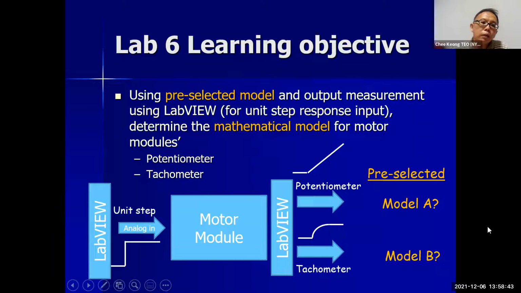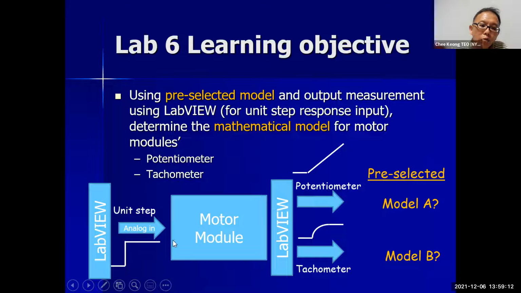So again, for Lab 6, the learning objective is basically using a pre-selected model and output measurement using LabVIEW for the unit step response. Unit step response means that I generate a step input here, right? And then I find the model for the potentiometer and tachometer. This is a motor module that has one potentiometer output and one tachometer output.